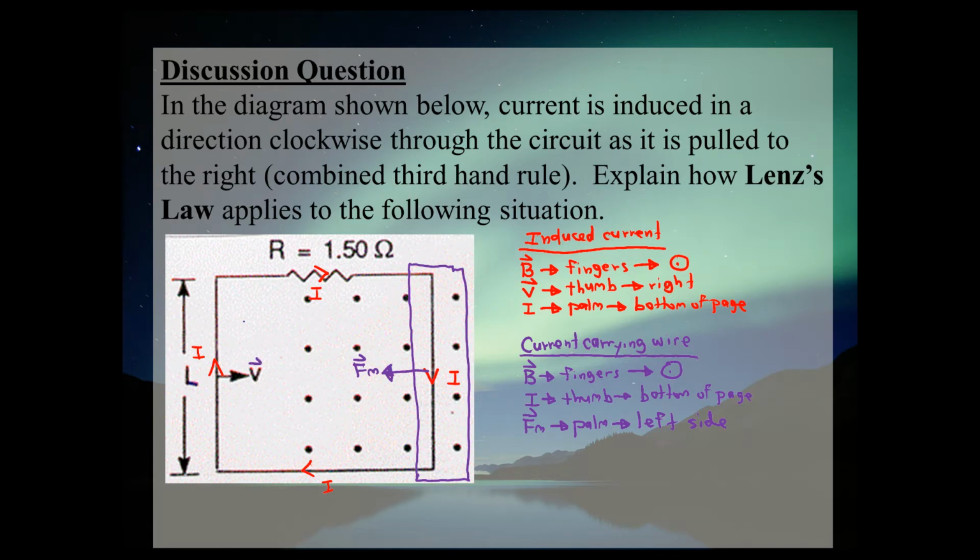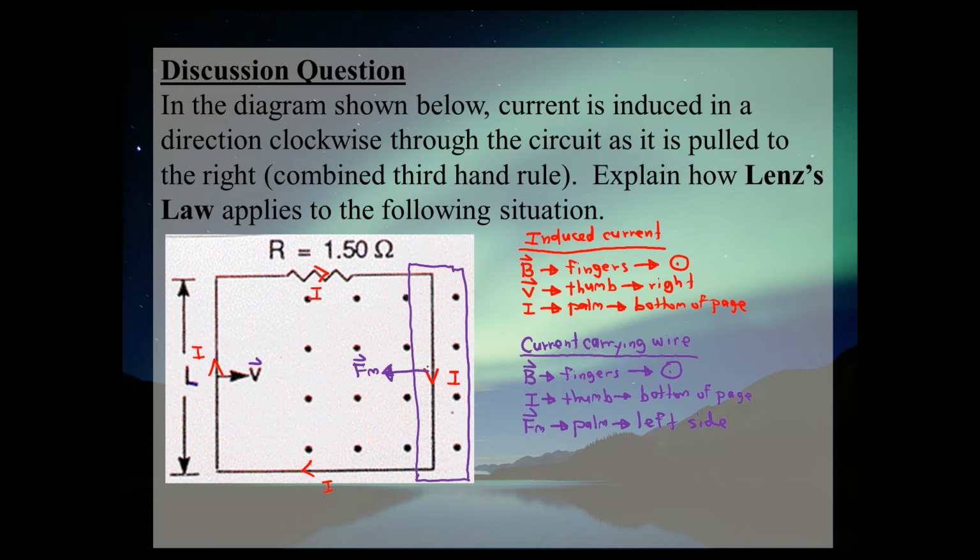Well, look what I was trying to do. I was trying to take this wire and move it towards the right through a magnetic field. What Lenz's law tells me is that the inducing magnetic field would just be this magnetic field we see here with the 16 dots. The inducing magnetic field will induce current.